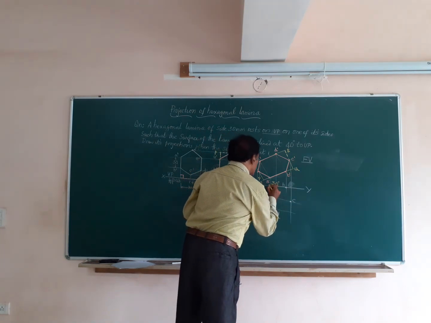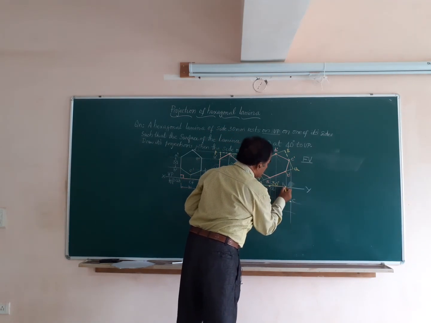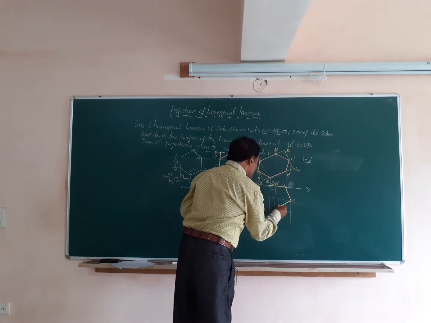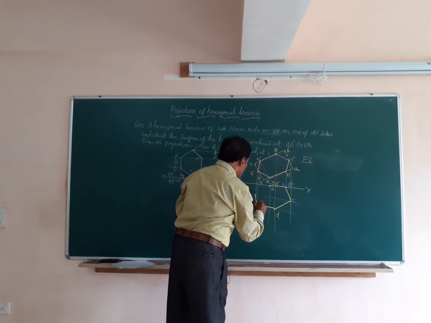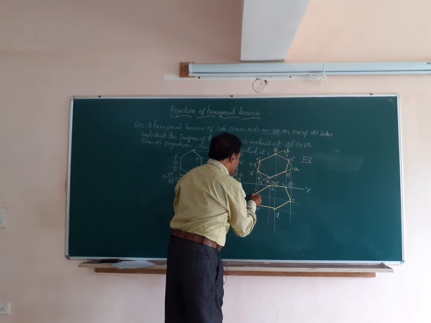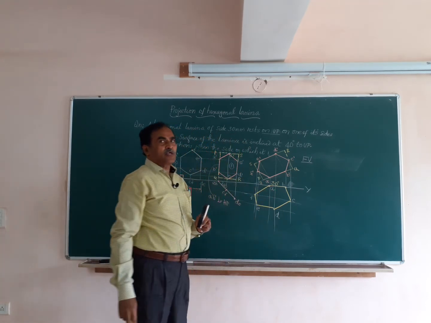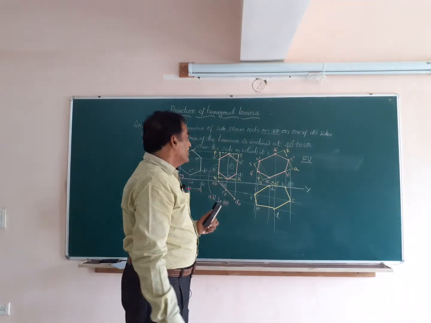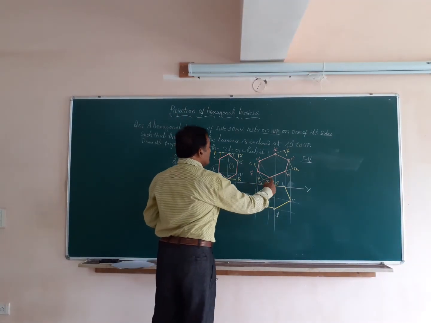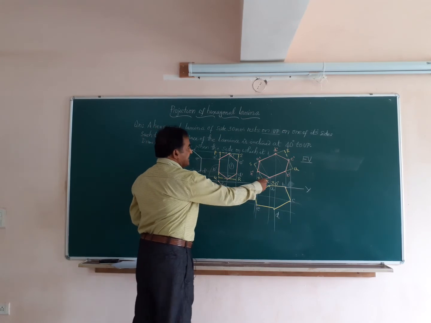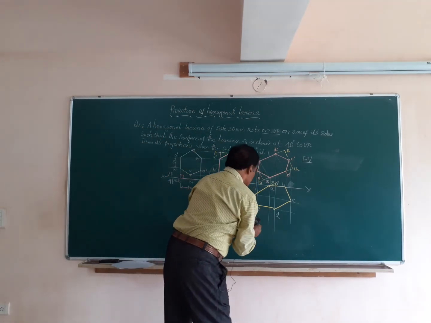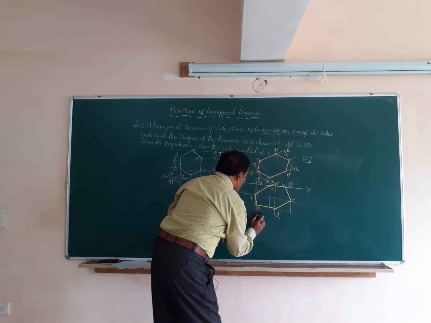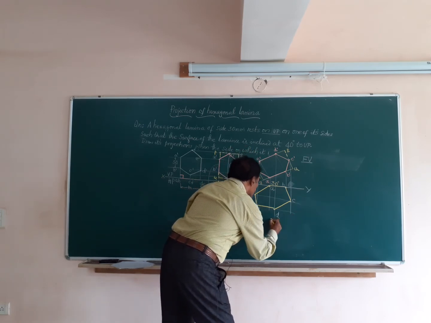So, I am going to join A to B, B to C, C to D, D to E, E to F and F to A. Friends, this is how the lamina looks in the top view when the side AB on which it is resting is inclined at an angle of 30 degrees to HP. And I will say here, this is the final top view of the lamina.